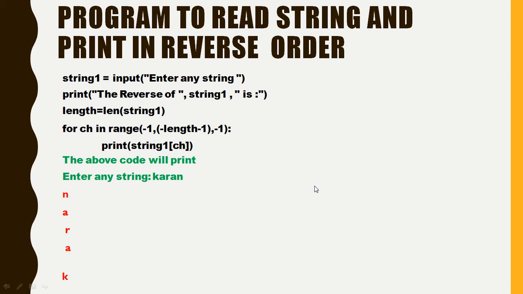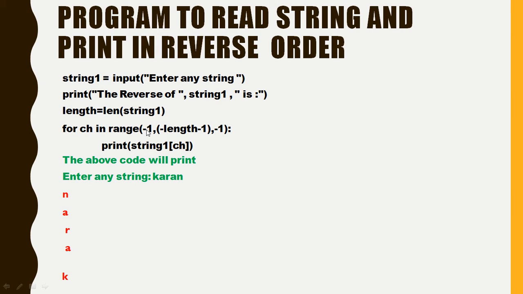Now a program to read the string and print in reverse order. What is the logic here? You just see, input any string in string1, the reverse of the string is displayed, length equal to len of string1, for ch in range -1 to minus length minus 1 in steps of -1. Why this extra -1? Because the range varies up to the upper limit less than 1.